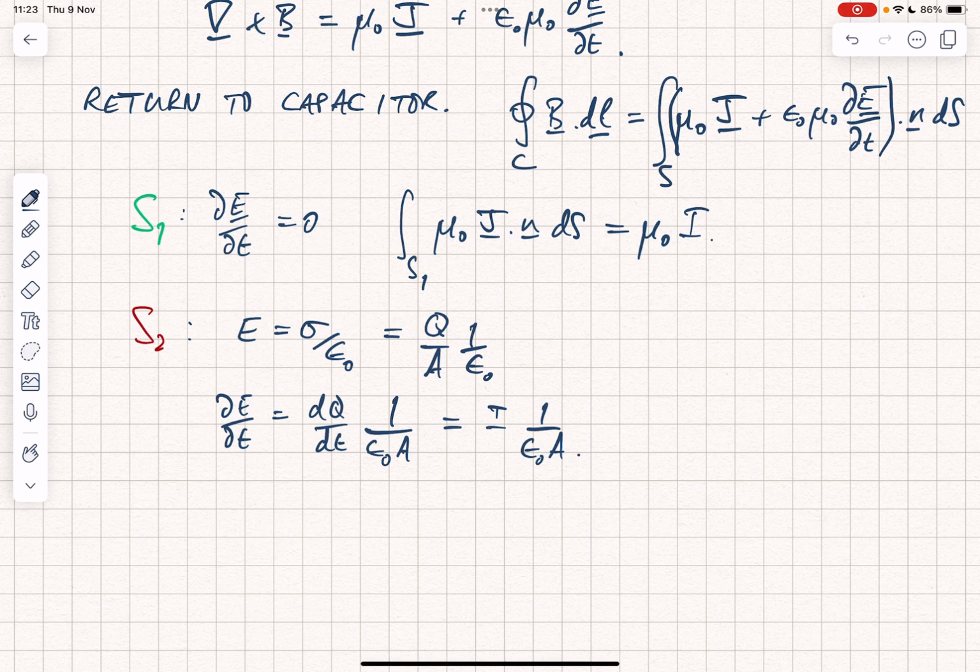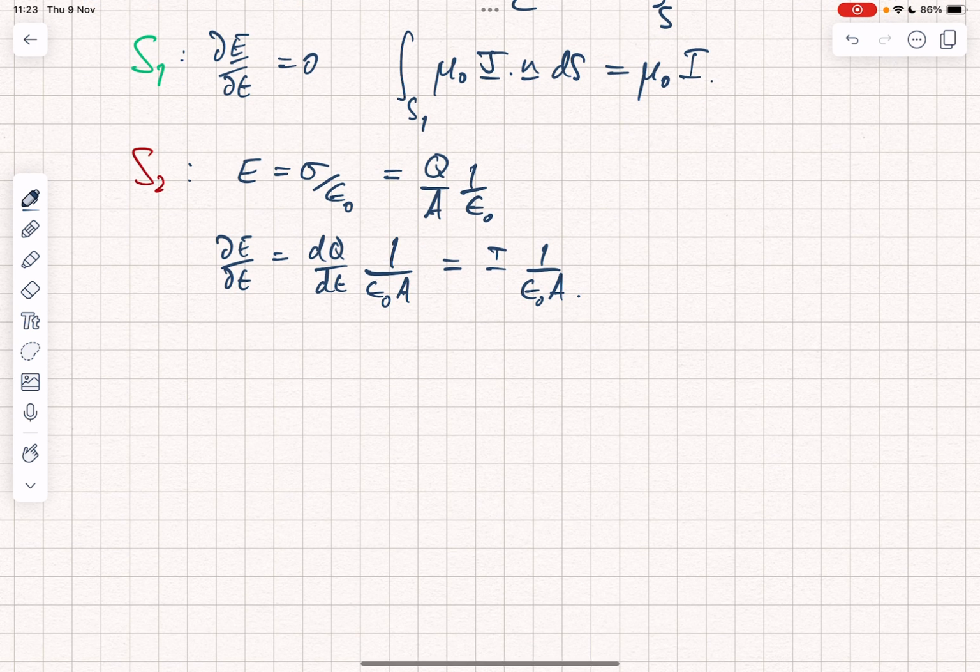If we then integrate, we're going to do the integral over S2 of epsilon naught mu naught dE by dt dot n dS.